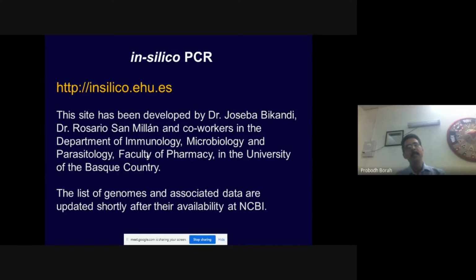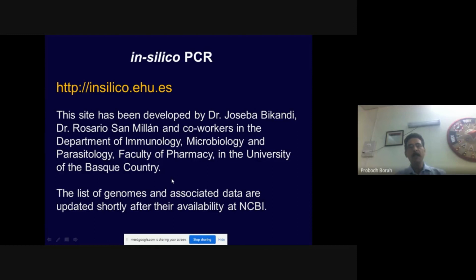Out of them, this is more commonly used, which is called in silico PCR. It is available at this particular URL or website, insilico.ehu.es. This was developed by Dr. Joseba Bikandi and Dr. Rosario San Millan and their co-workers from the Department of Immunology, Microbiology and Parasitology, Faculty of Pharmacy in the University of the Basque Country.